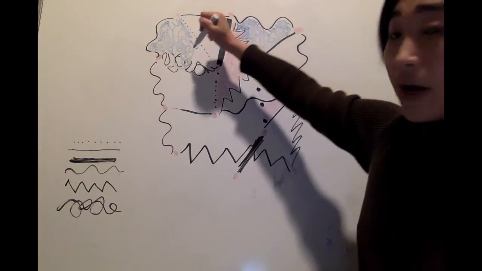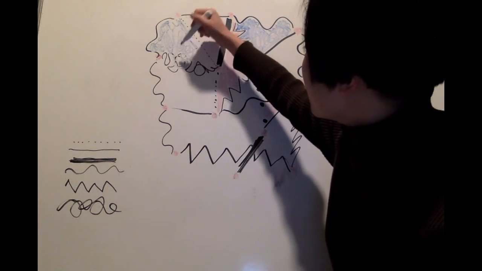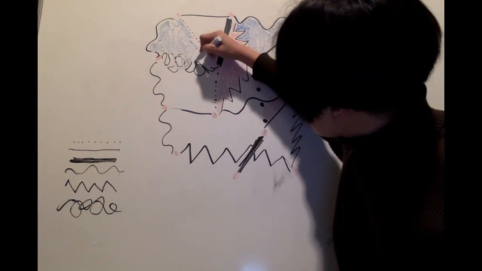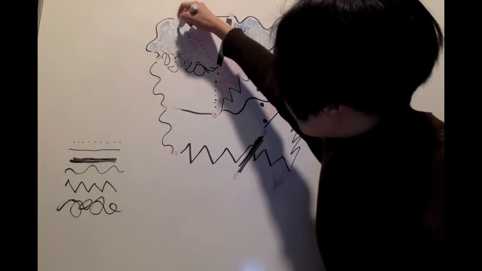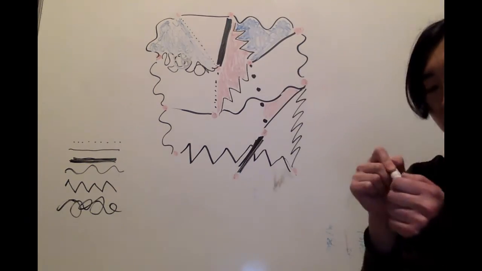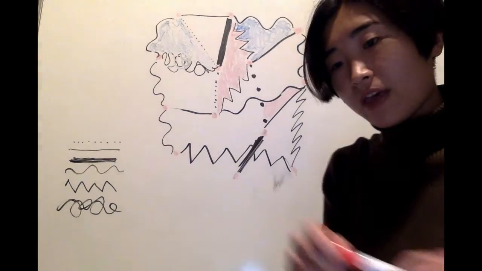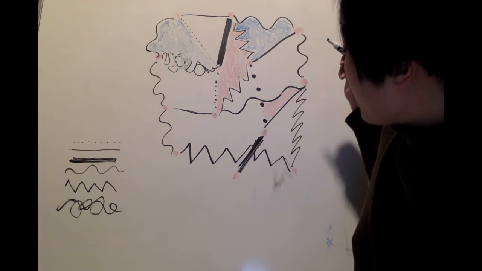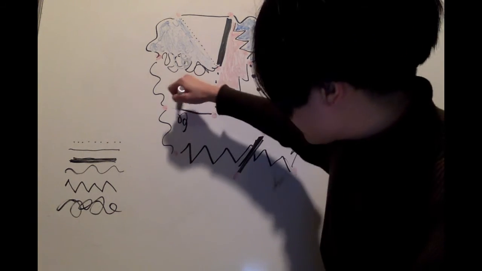Oops, I went outside the line. But that's okay. Mistakes happen and I'm okay about it. I'll just be careful next time. Okay, so I did my blue section and then I'm going to do my black. Maybe I will fill black over here.